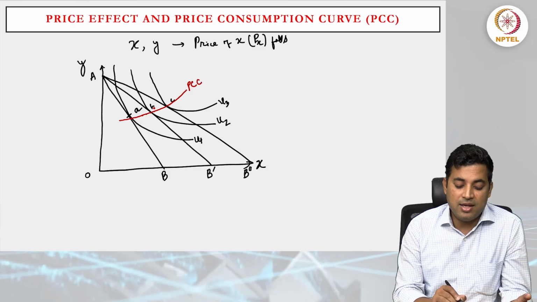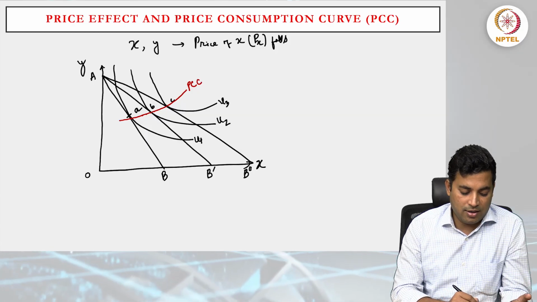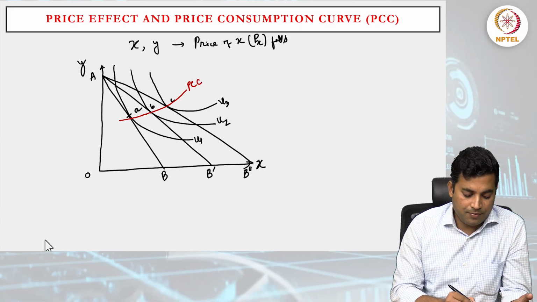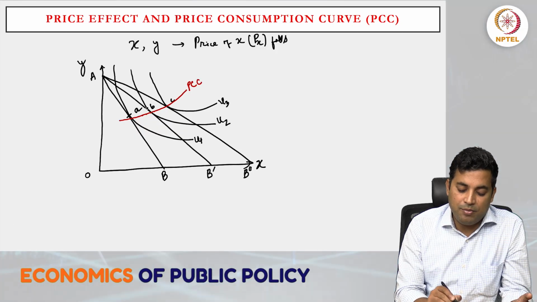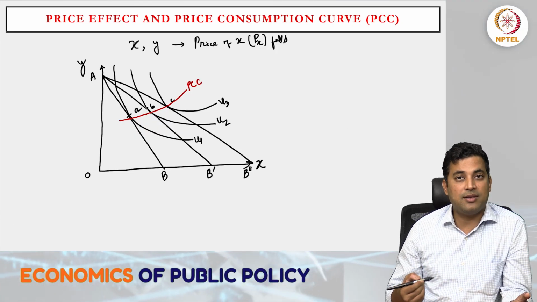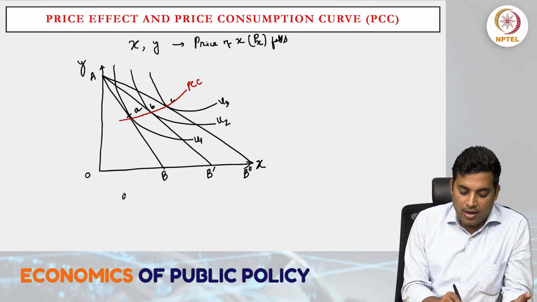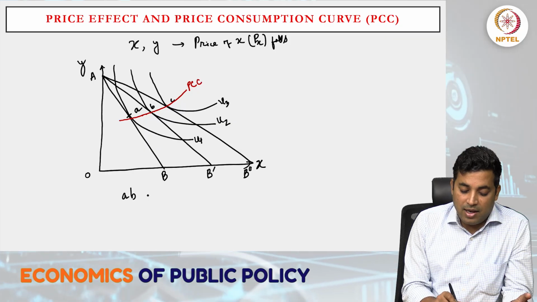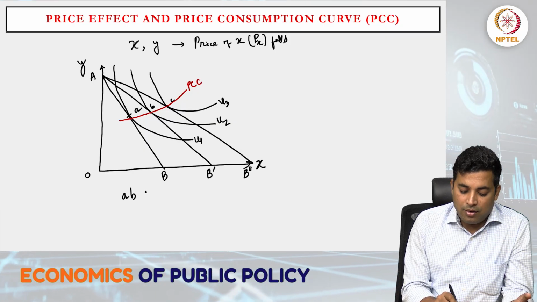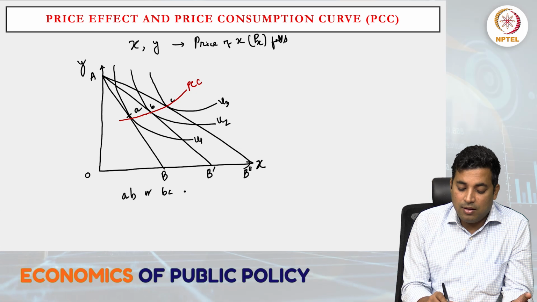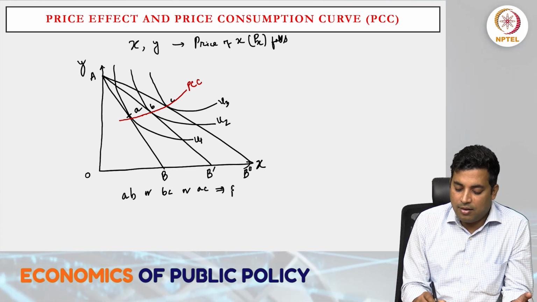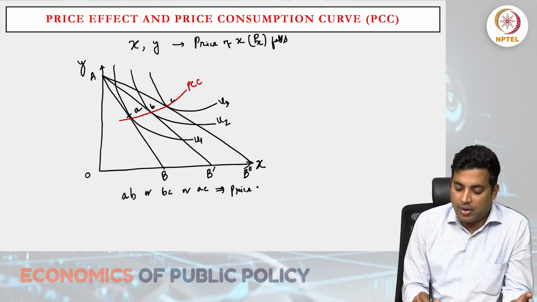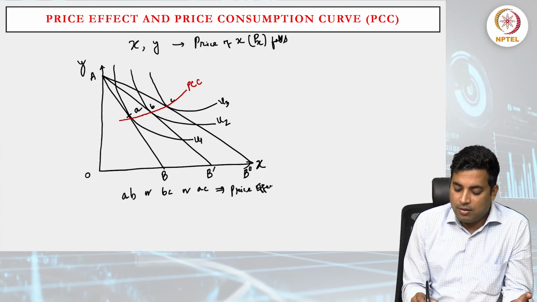curve. The changes that we got here, like from A to B, are due to changes in the price, and therefore A to B, B to C, or A to C, all these are called price effect.